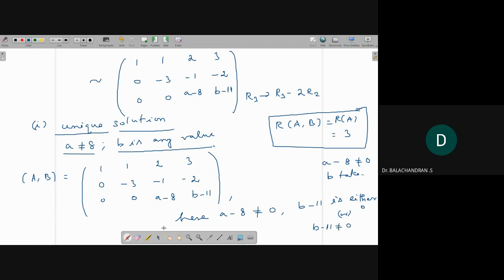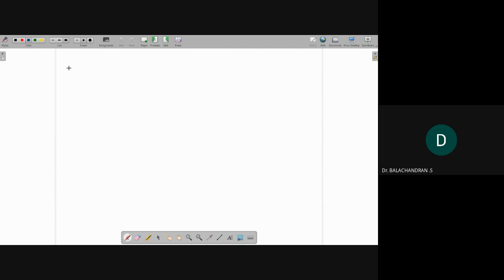So therefore, the rank of A is 3, and the rank of A comma B is also 3. So first you should write what is A.